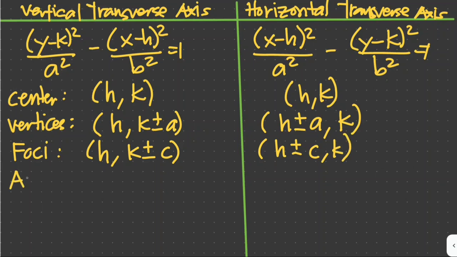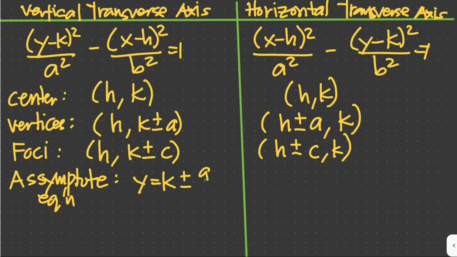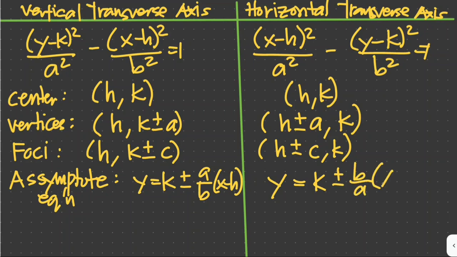And then we have to get our asymptote. So the equation for the asymptote is y equals k plus or minus a over b times x minus h for the vertical, and for the horizontal, that is y equals k plus or minus b over a times x minus h.